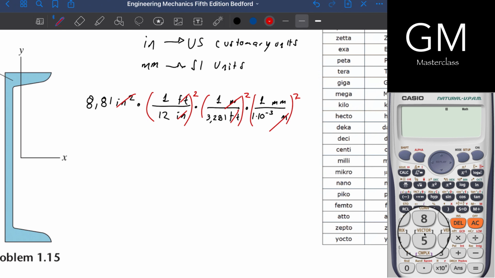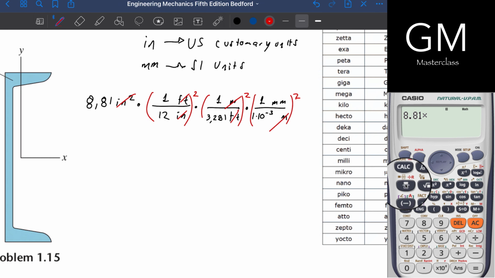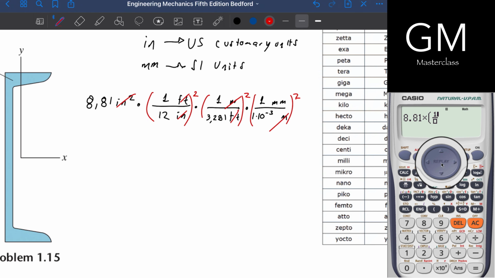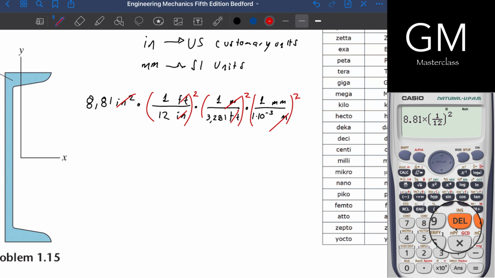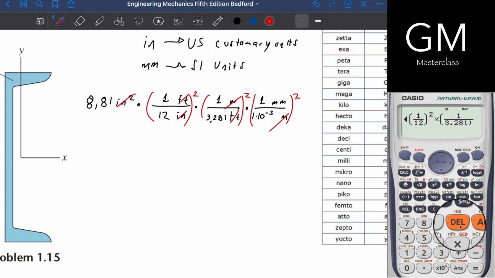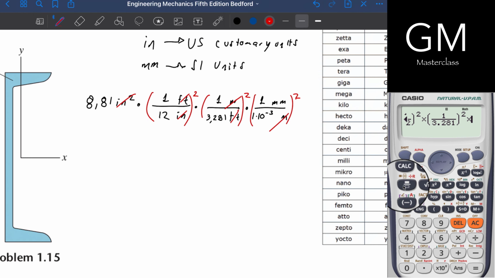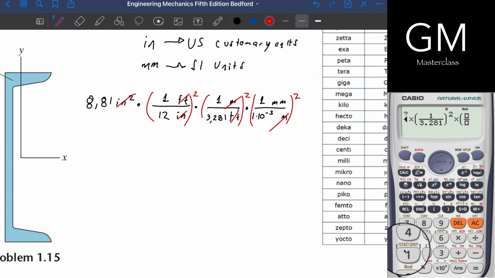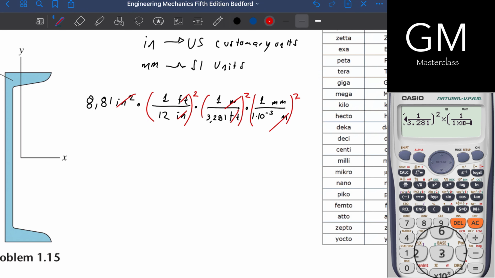So I just have to put this equation into the calculator. 8.81 times 1 divided by 12 to the second power, times 1 divided by 3.281 again to the second power, and finally 1 divided by 1 times 10 to the minus 3.